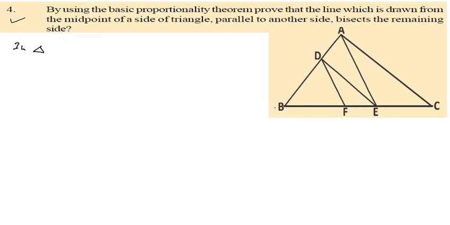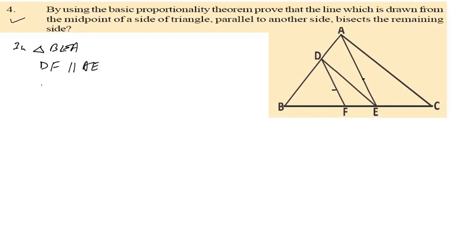This one. This is BEA. In triangle BEA. So what will happen in this? So you can say this one, DF parallel to AE.